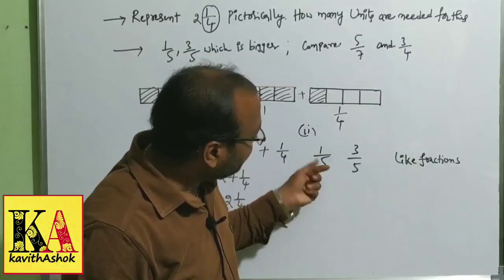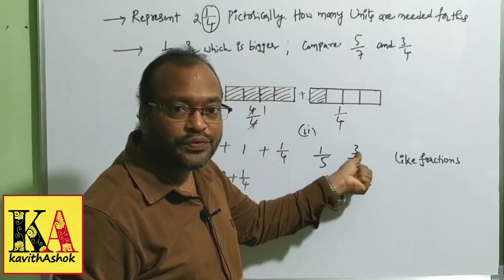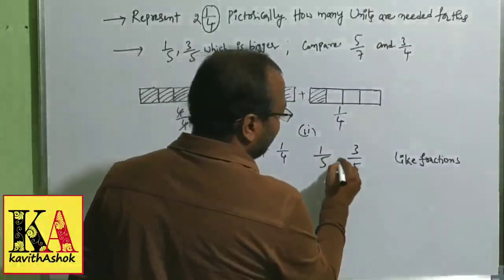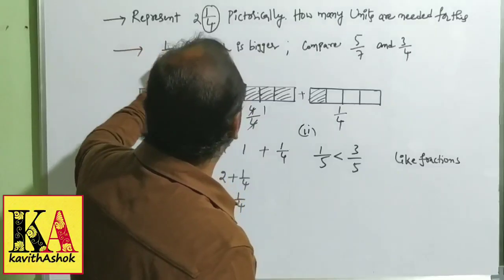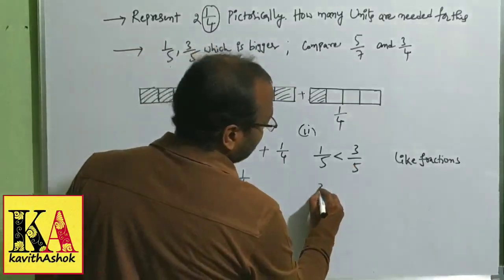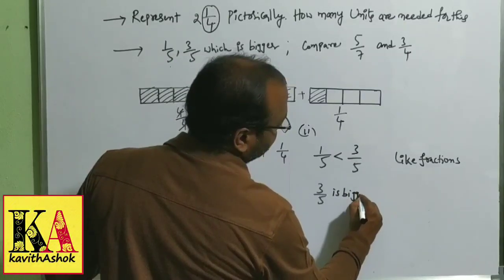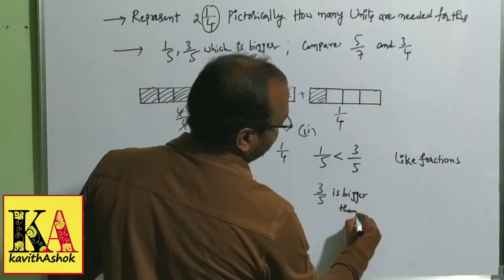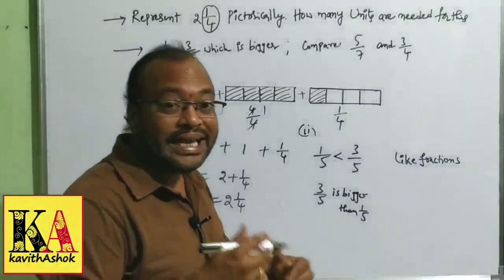So 1 by 5, 3 by 5. In the numerator, 1 is less than the value of 3. So that's why 1 by 5 is less than 3 by 5. So we can say that 3 by 5 is bigger than 1 by 5. So whenever like fractions are there, it is very easy to compare.